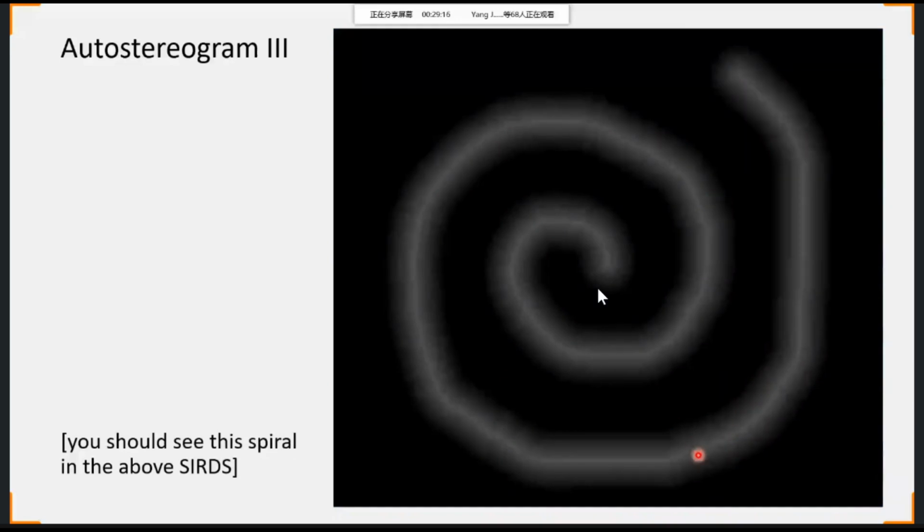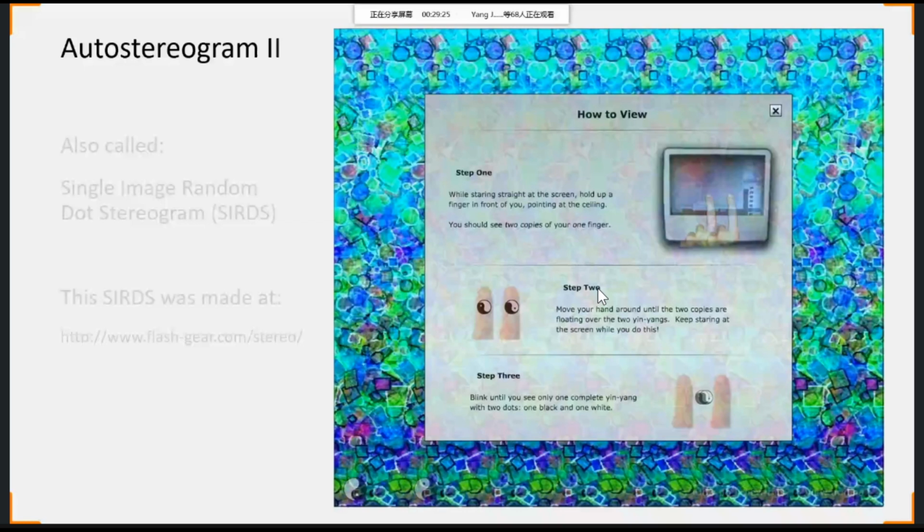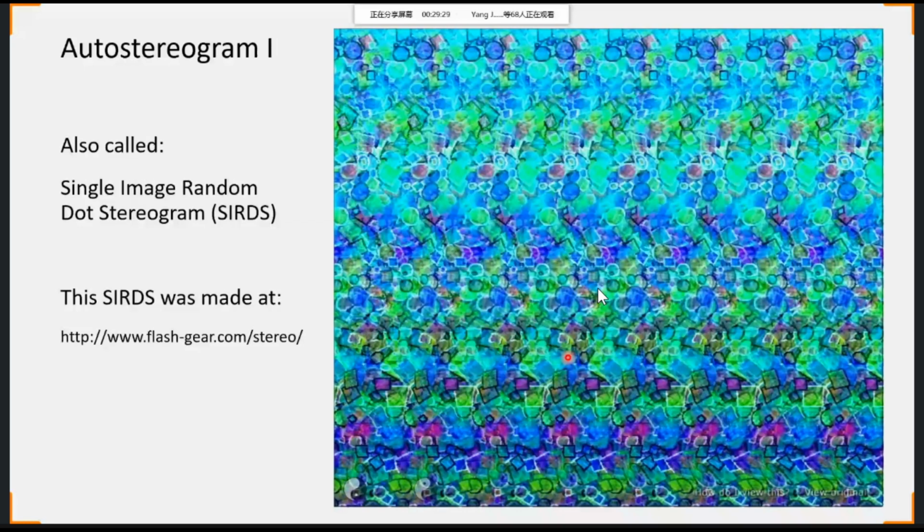And this spiral is a bit three-dimensional. So it's not black or gray like here. You still see these colors like here, but there is a three-dimensional effect. And with this three-dimensional effect, based on this depth cue, you see this spiral, if it works for you.